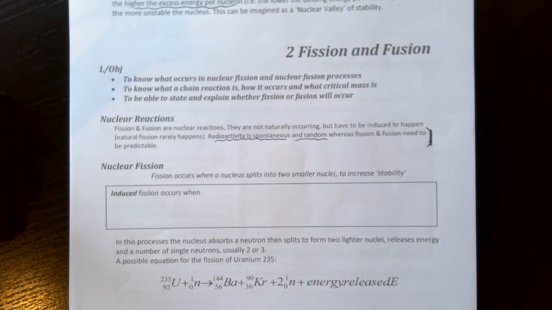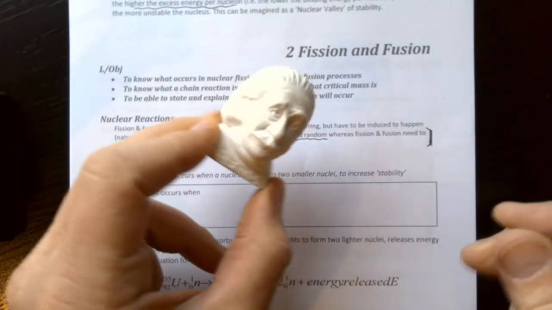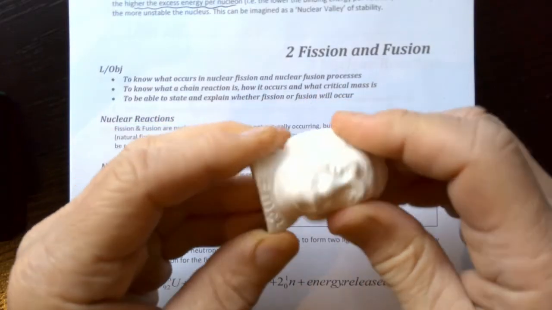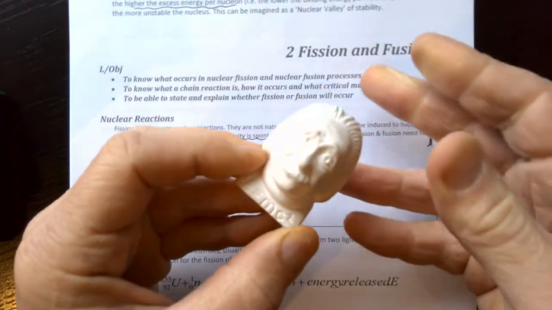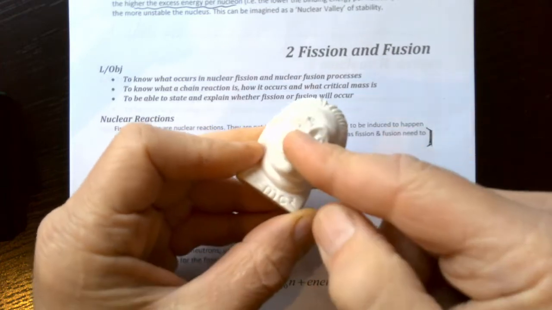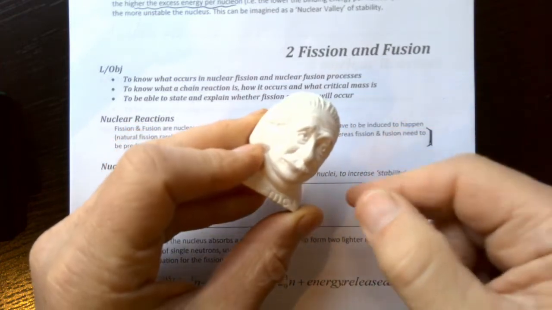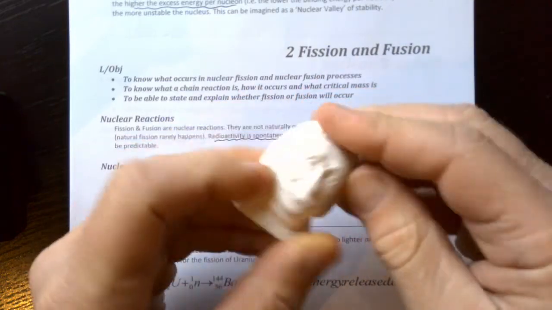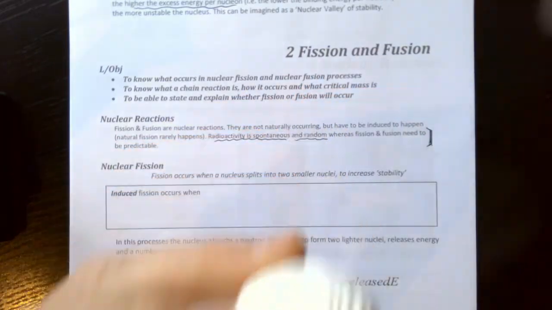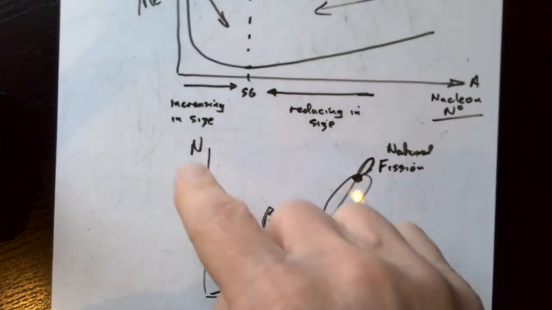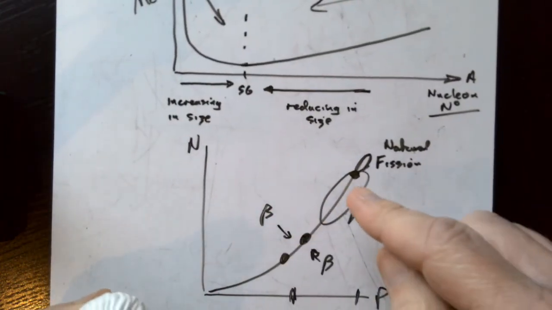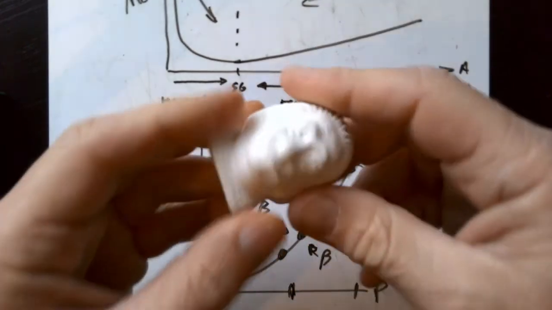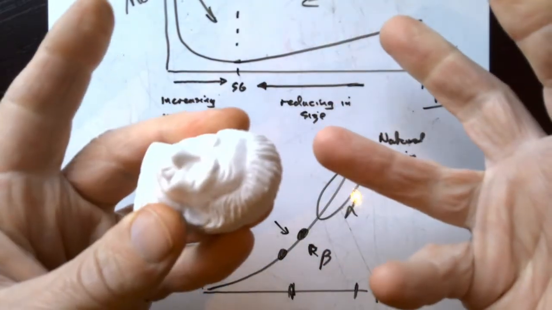So imagine my little Einstein is a nucleus and it's wobbling around. It's unstable, but not unstable enough to fall apart. But if I add a bit more mass, that extra bit of mass will make it even more unstable, because the neutron to proton ratio is then wrong, and it will be even further away from that central stable line, so that will cause it to split apart.